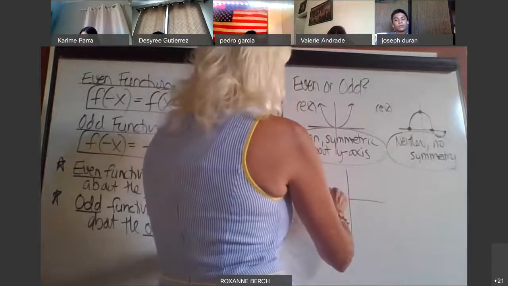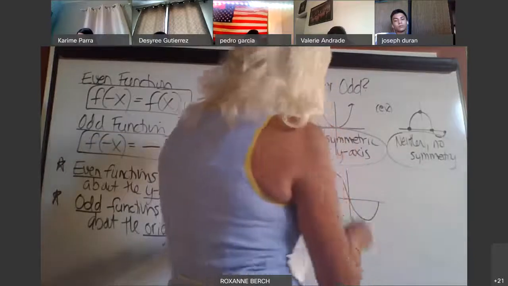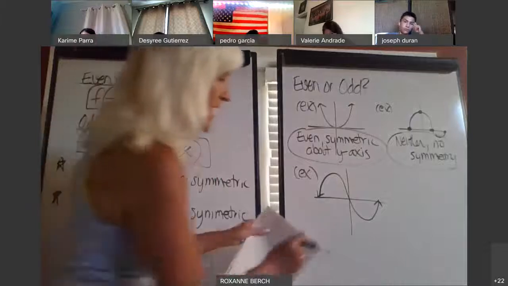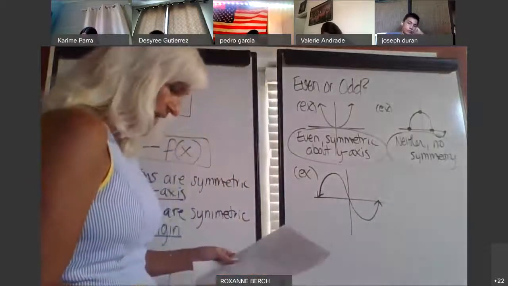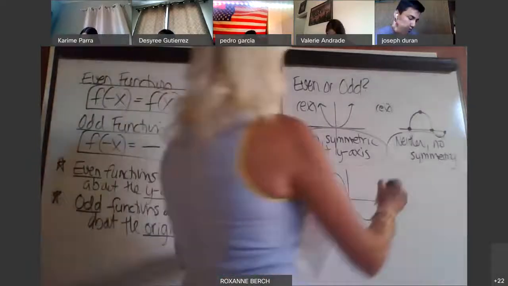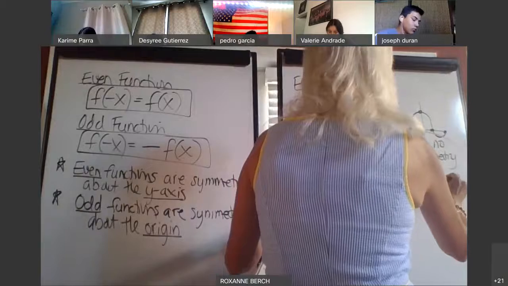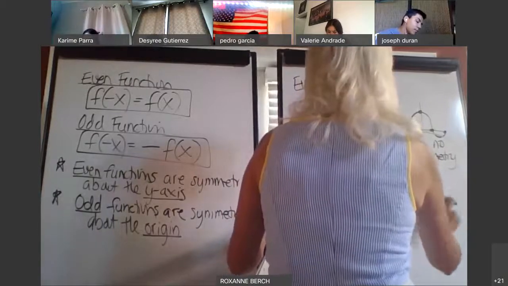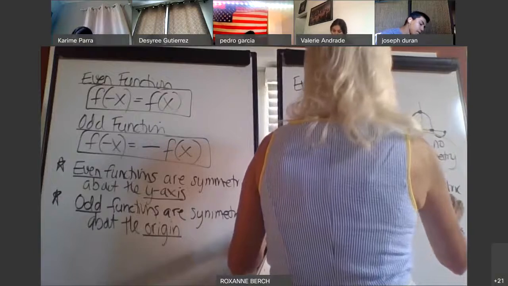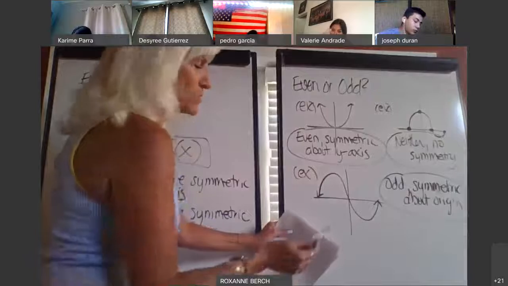Okay, this right here, this is the sine curve in trigonometry. And I didn't draw it very good, but that is odd, and it's symmetric about the origin. So this is odd. Okay, I'll tell you why. Watch this.